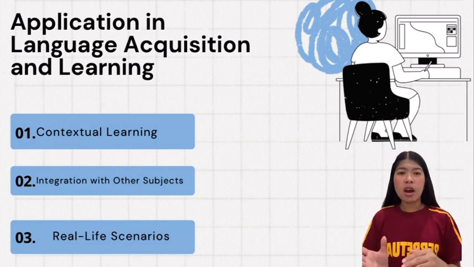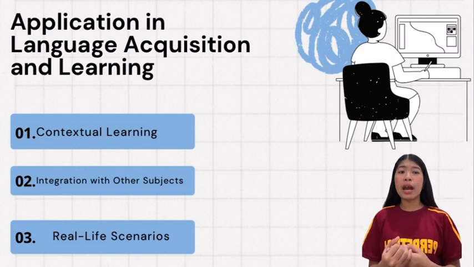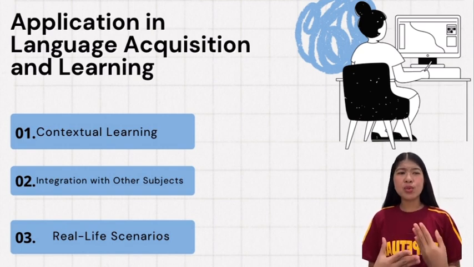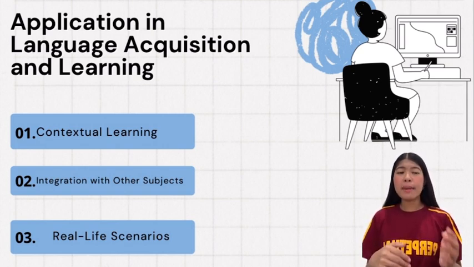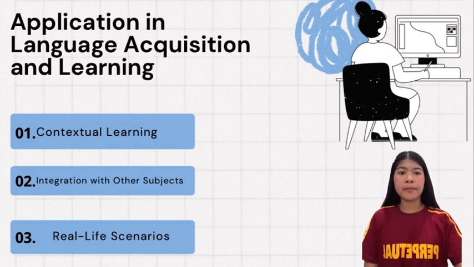For example, a language teacher might use a history lesson about Asian civilizations to teach past tense grammar. This approach helps students see the practical use of language in different contexts and subjects, making it easier to transfer language skills across areas of study.